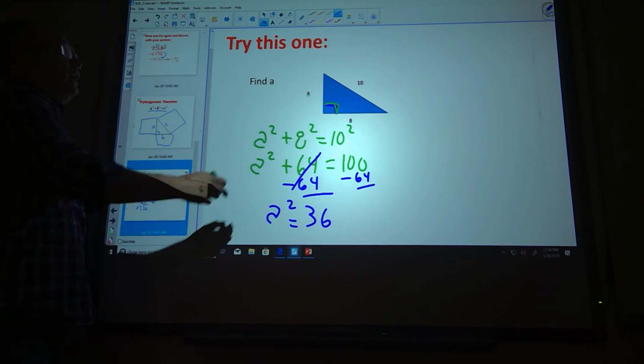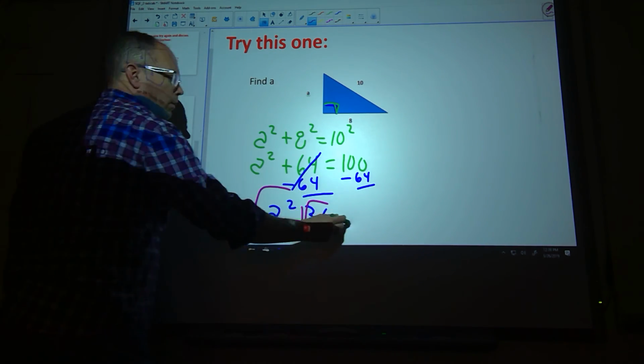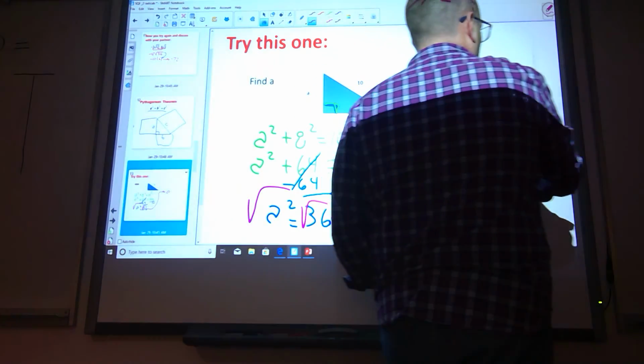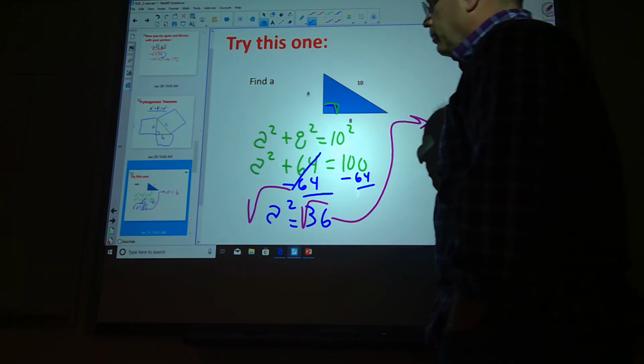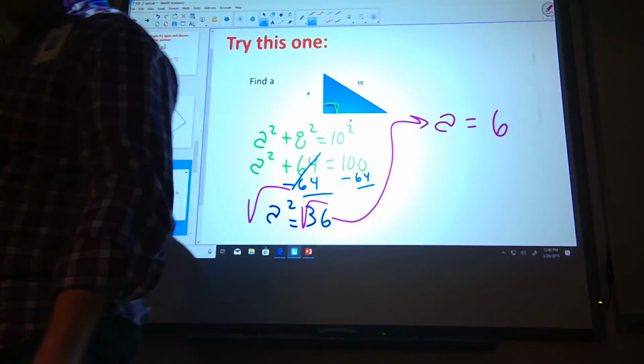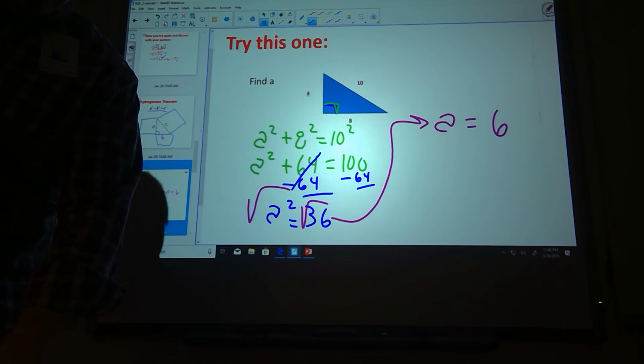Last little move. I'm going to take the square root. So a is equal to the square root of 36, which is 6. So my a value is 6. That's when we're trying to find one of the legs.